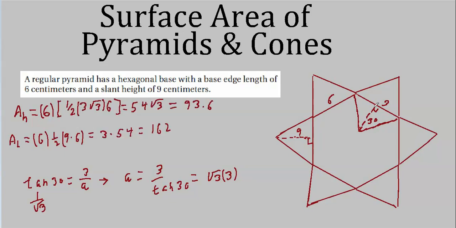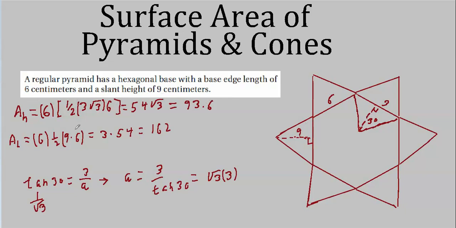So if we multiply all this out, the area for the hexagon is 6 times the area of this triangle, which is the altitude, 3 times the square root of 3, times the side length, which is 6, all times 1/2, of course. And that's 54 times the square root of 3, or 93.6. These triangles, of course, are going to be 9 times 6 times 1/2.